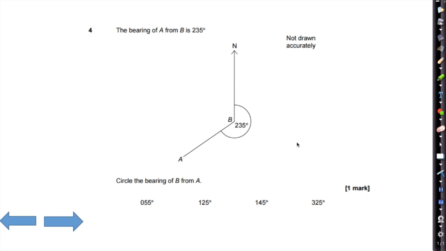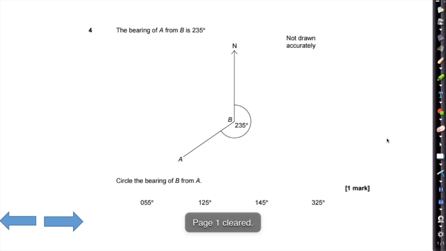Looking at question 4, a bearing question, looking at the bearing of A from B. So what this means, A from B, is we're starting at B and then we're going to A. So that bearing there is 235 degrees.